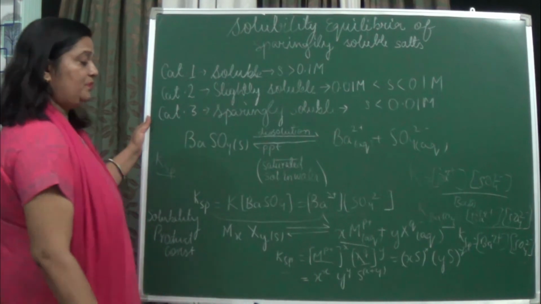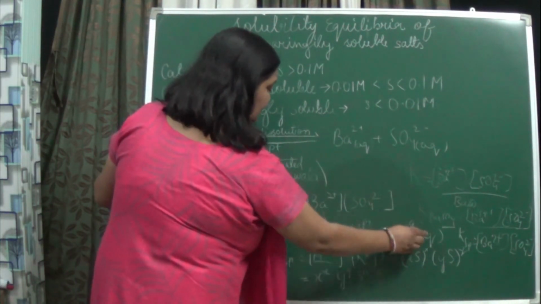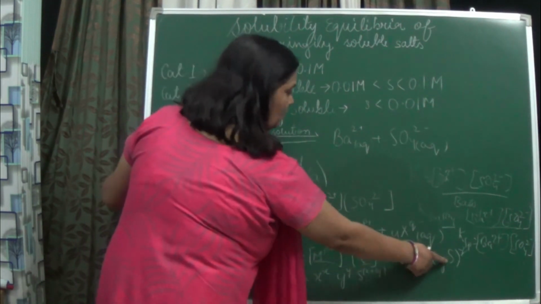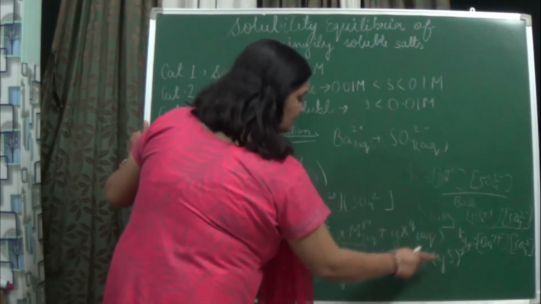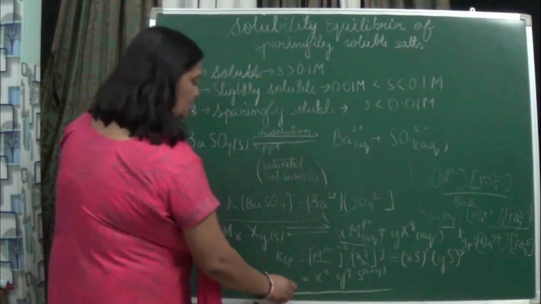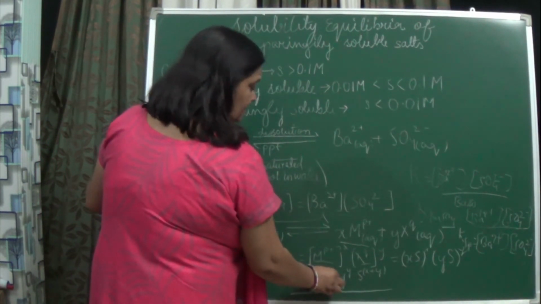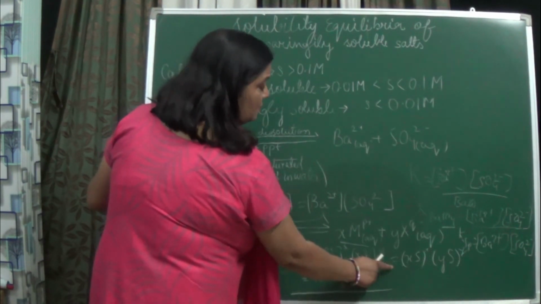Substituting it, we get x to the power x, y to the power y, and S is common, so it becomes S to the power x plus y. So the solubility product constant becomes Ksp = x^x · y^y · S^(x+y).